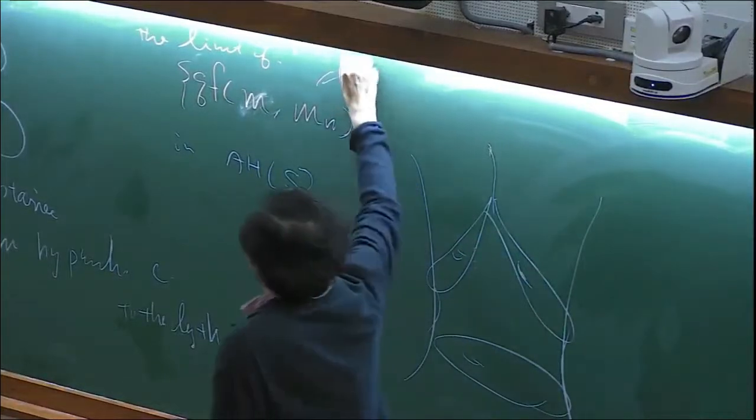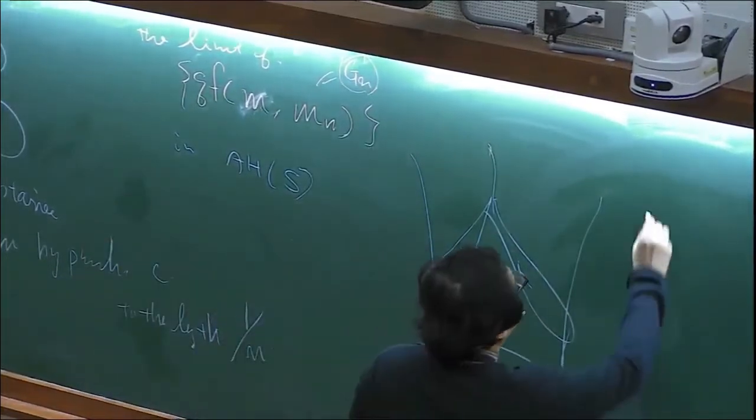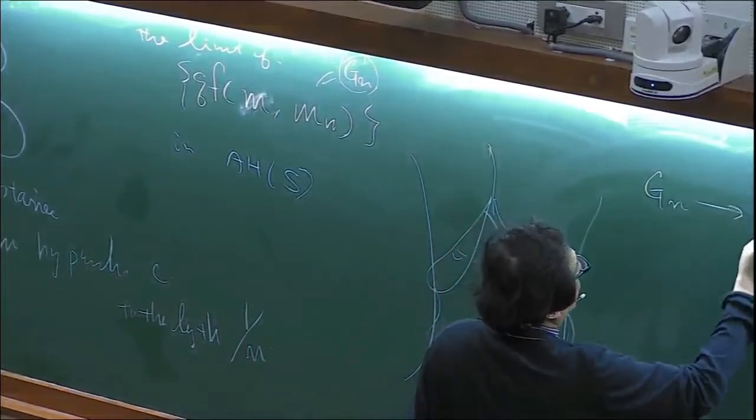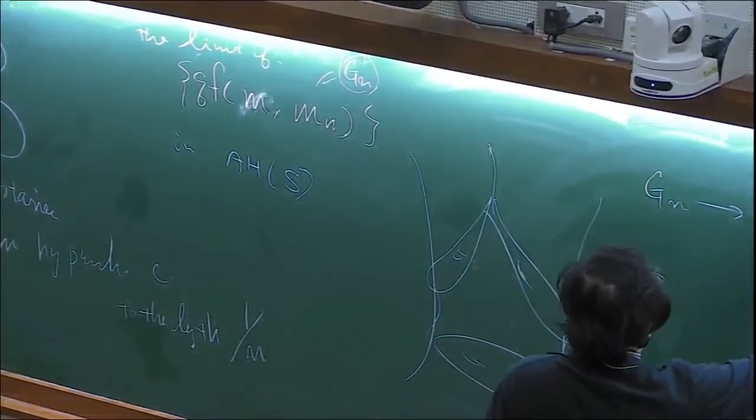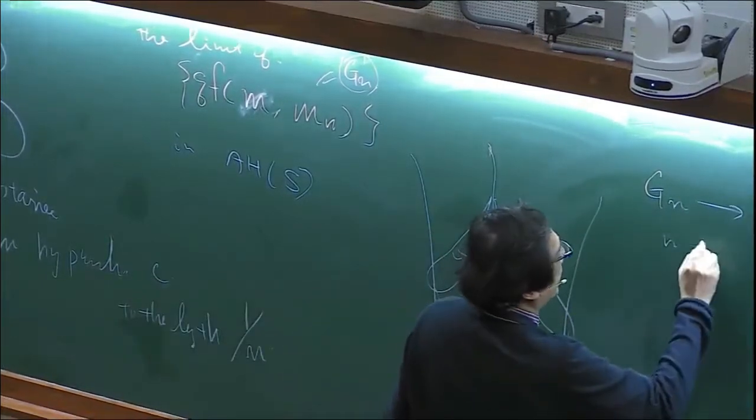Then this group, this image of representation, converges to some Kleinian group gamma in the geometric topology.